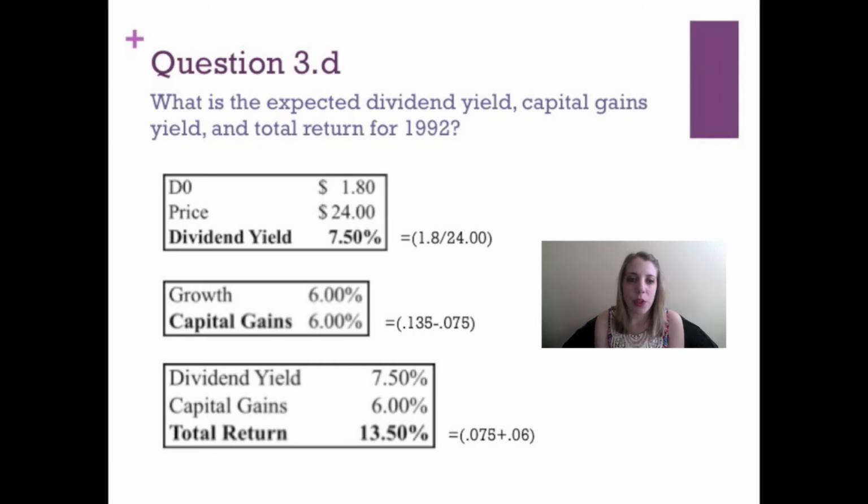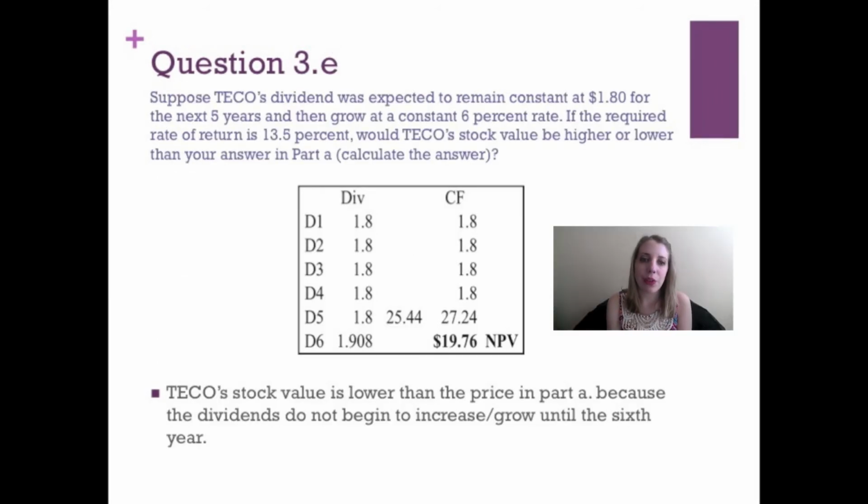And to find the total return, we add the dividend yield plus the capital gains yield, and that gives us 13.5%.